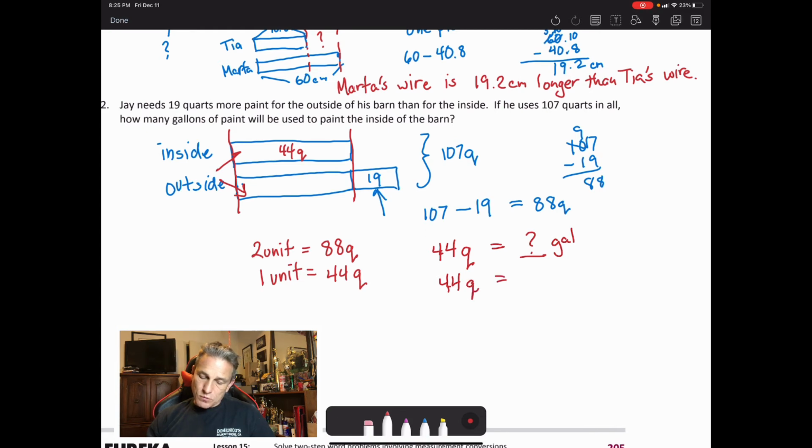We're going to say it equals 44 times 1 quart. And 1 quart is the same thing as 1/4 of a gallon.